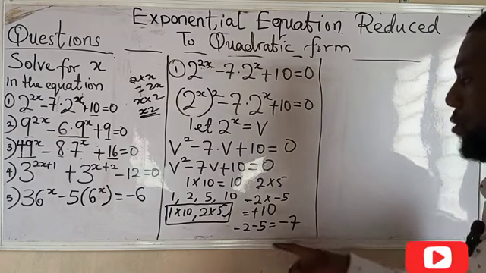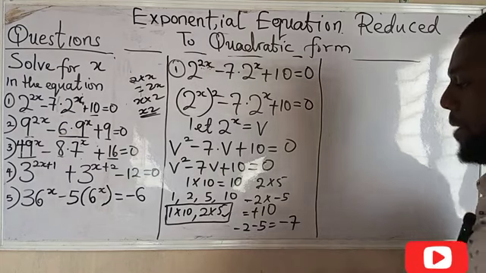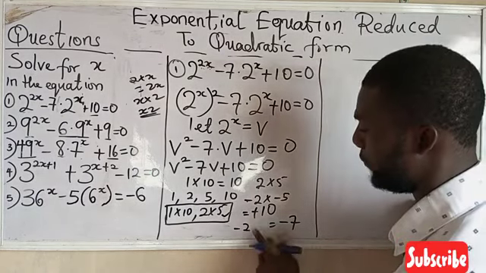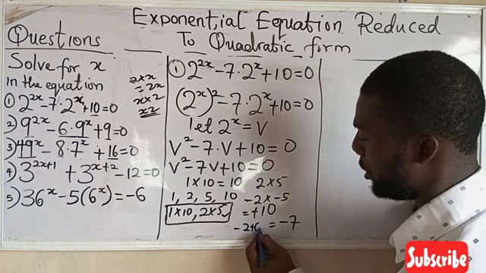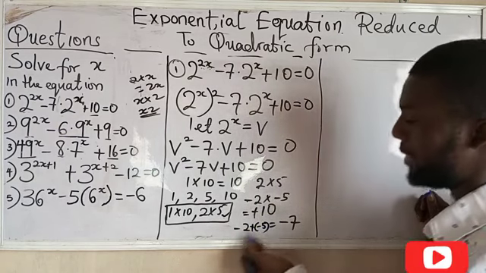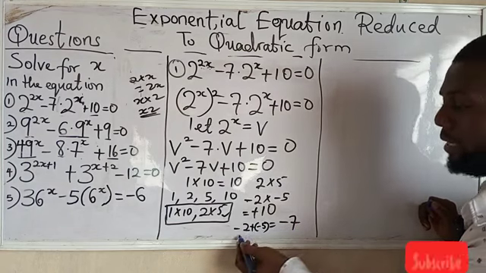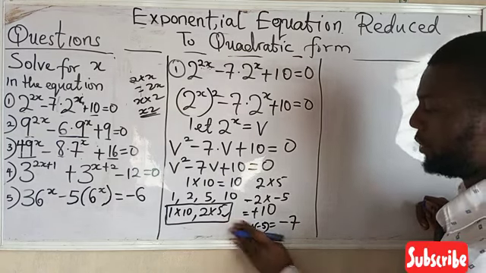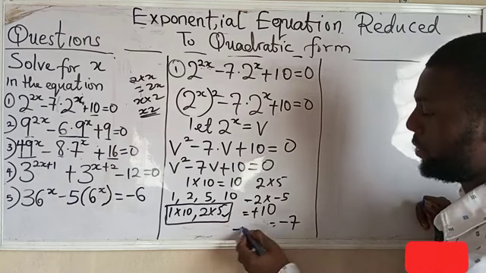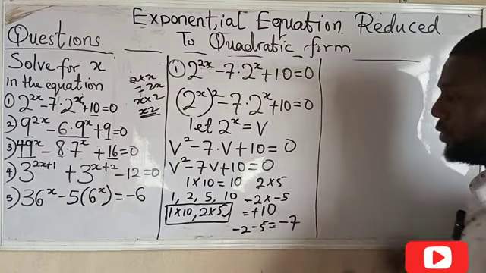And what are those numbers? Minus 2 and minus 5. Please, let's not forget that minus 2 minus 5 is minus 2 plus minus 5. That's why I said when you add them, it's going to give us negative 7. So in this case, plus times minus is automatically minus. That's why you see me writing it so. I can as well say minus 2 minus 5 equals minus 7.